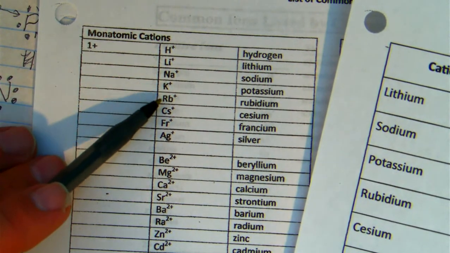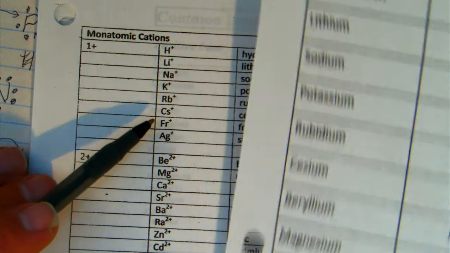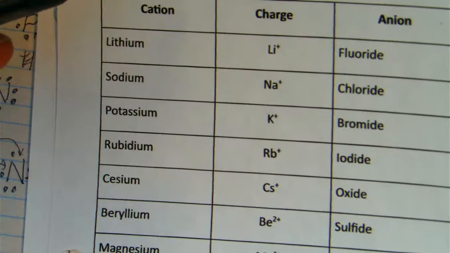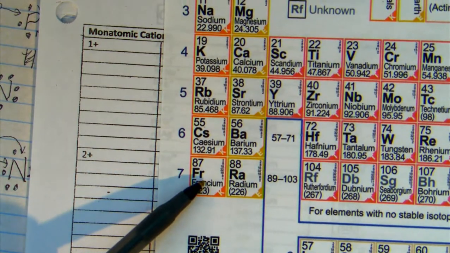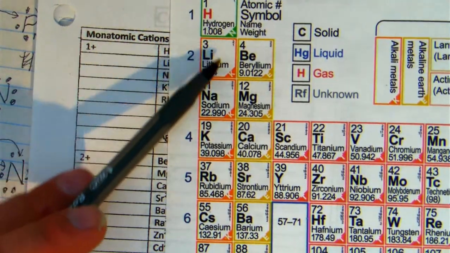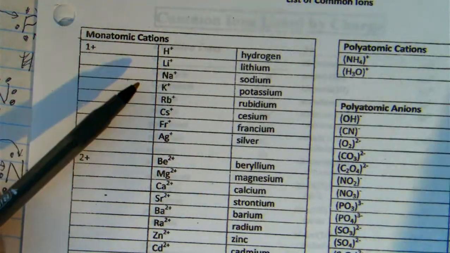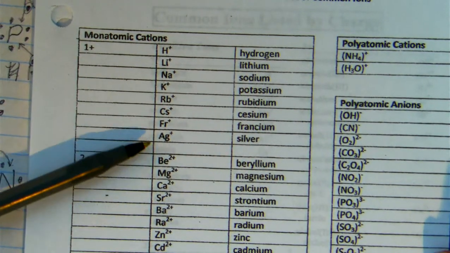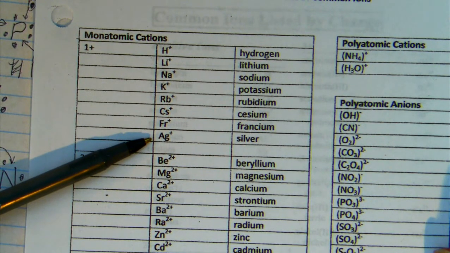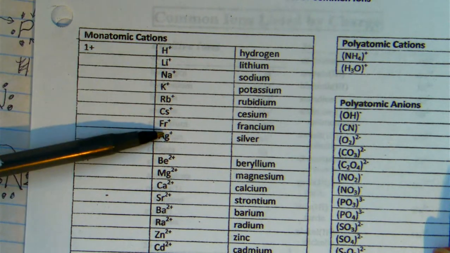Lithium, sodium, potassium, rubidium, cesium. It also includes francium, which was not on this first handout, but is underneath cesium on the periodic table. So basically, they just list the entire first column of the periodic table as always being plus 1 charge. In addition, notice that they have silver on this list as always being a plus 1 charge.